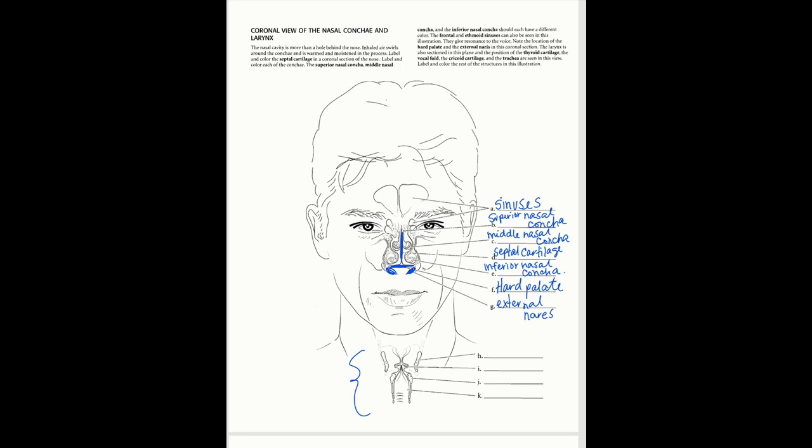If we look down to the larynx portion of this diagram, we're going to start off with H, which is our thyroid cartilage. Now this looks like a bit of a cross section or a frontal section of it.